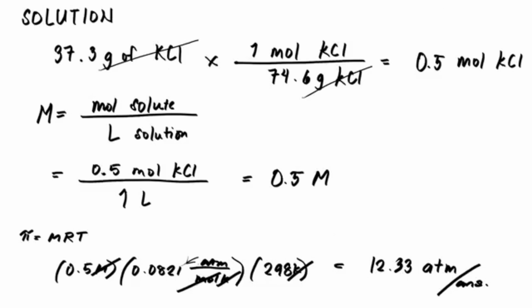So 0.5 moles of potassium chloride over 1 liter is equal to 0.5 molar.